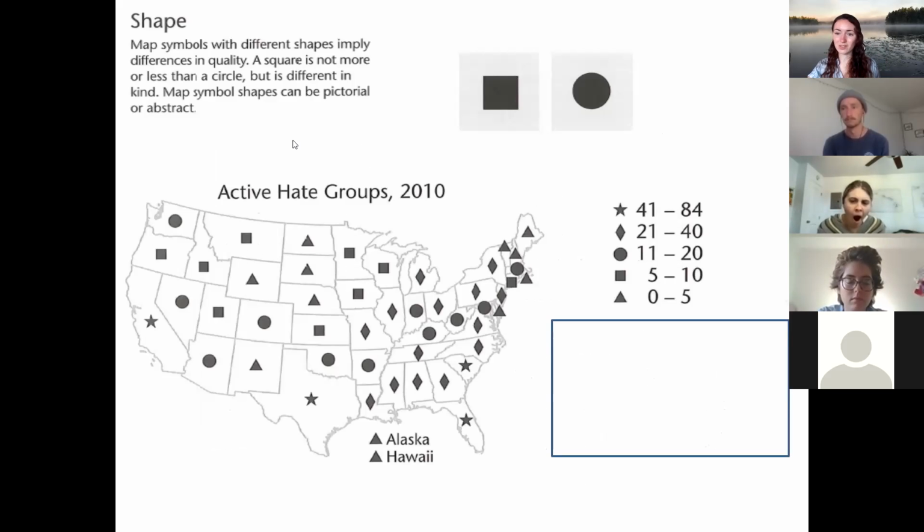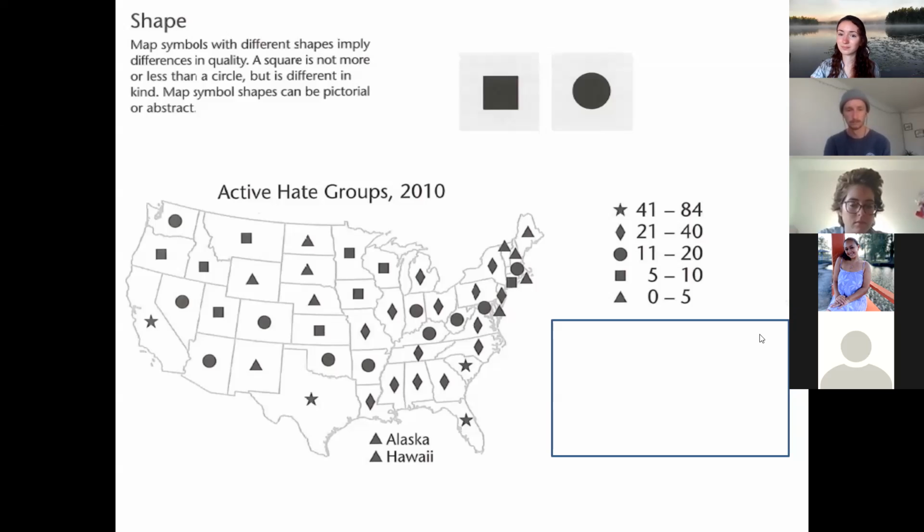So there's lots of different ways to represent data on your map. One of those ways is shape. What do we think about using these shapes to represent what this map is trying to show? I guess it kind of works, but I would prefer a different symbol, maybe like color hues or something like that.